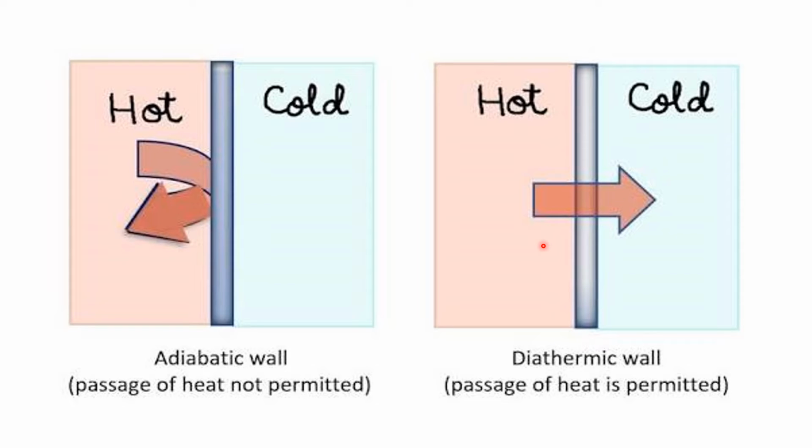The diathermic wall allows heat flow into or out of the system, whereas the adiabatic wall does not allow any heat to pass through. So this is about the diathermic wall and the adiabatic wall.